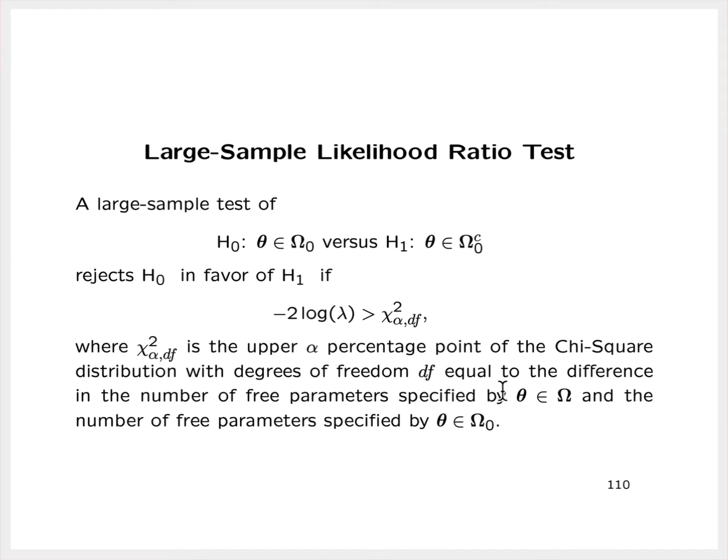The number of degrees of freedom is equal to the difference in the number of free parameters when the parameter point is allowed to roam over the entire parameter space, minus the number of free parameters corresponding to the statement of the null hypothesis. So this is how we're going to perform this test. It's a form of a chi-square test.